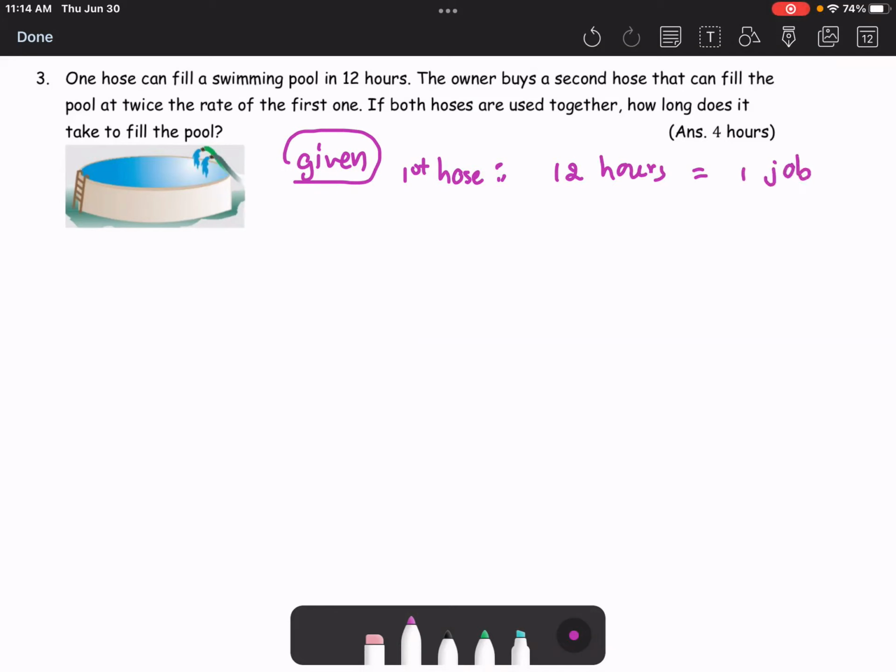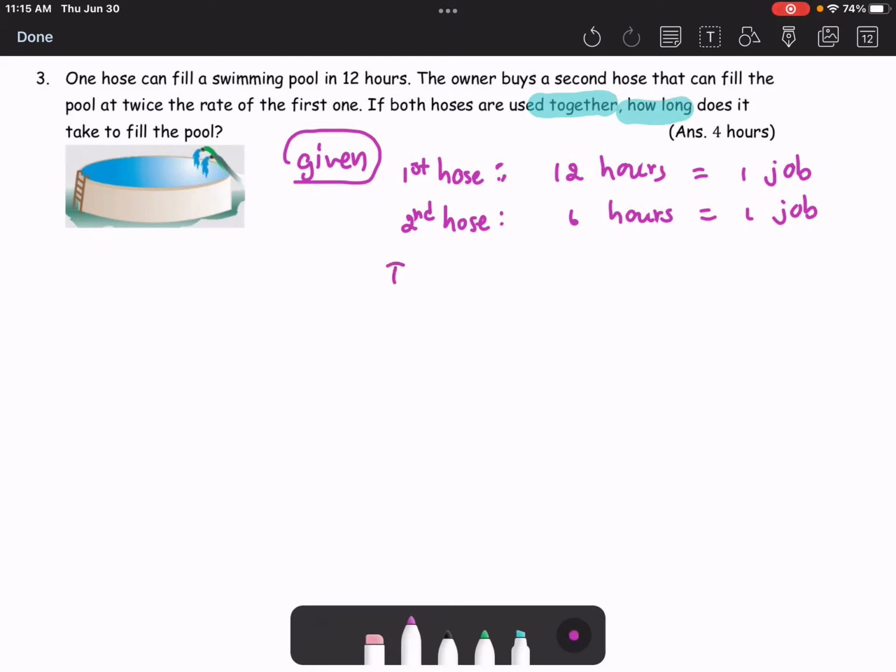And then the second hose can fill the pool at twice the rate. That means faster, so cut the time in half. It takes 6 hours to get the job done. The question asks, if they are used together, how long does it take to fill the pool?